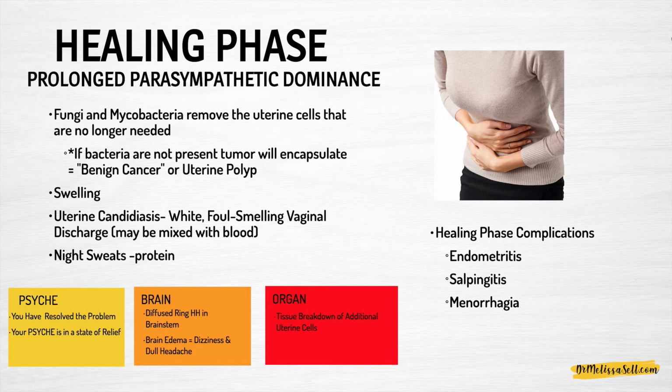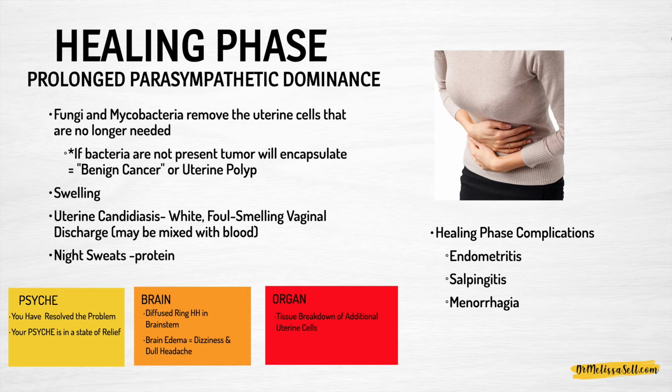There's discharge, and she may have swelling in her abdomen and pain. She might be having night sweats. And so this is typically what sends a person to the doctor to say, oh my goodness, I've got an infection, I've got something wrong with me. But the thing is, at this point, the process is already underway and the repair and reconstruction is taking place.